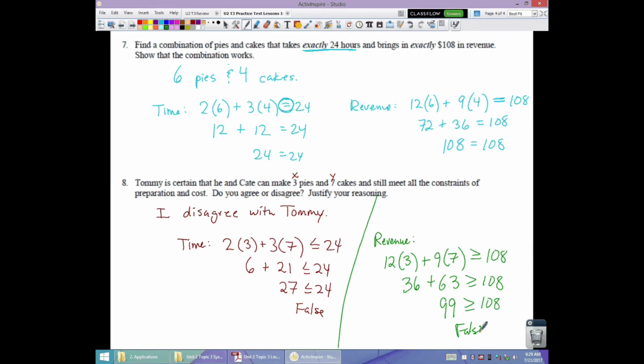So, in fact, Tommy, your combination does not meet either of the constraints.